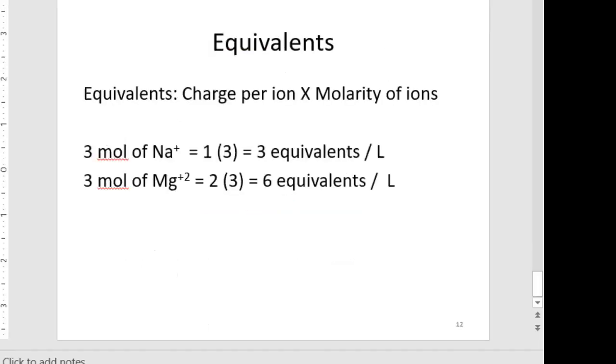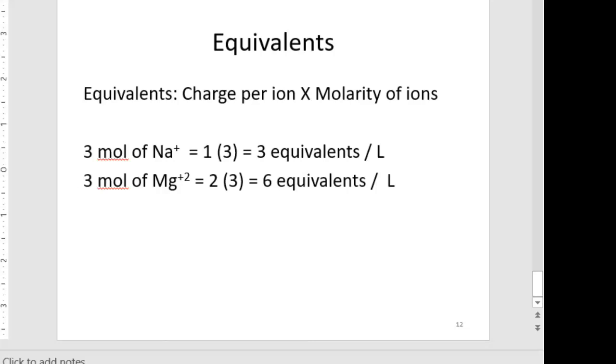Let's see. The last thing we have is this idea of equivalence. Now, equivalence, you're going to take the charge times the molarity. And that'll give you equivalence per liter. All right.